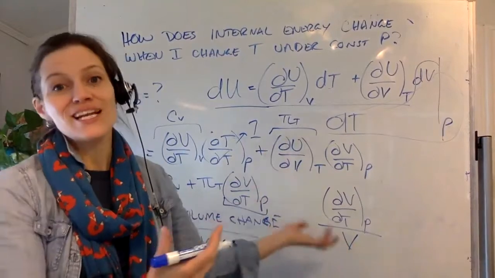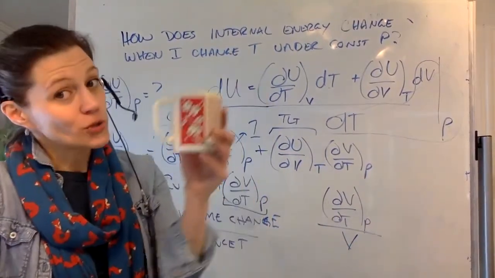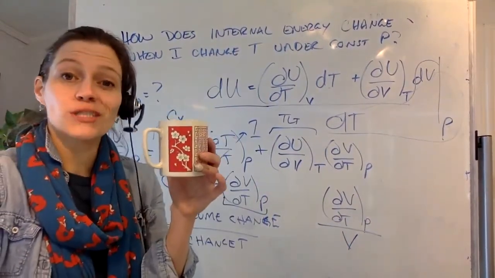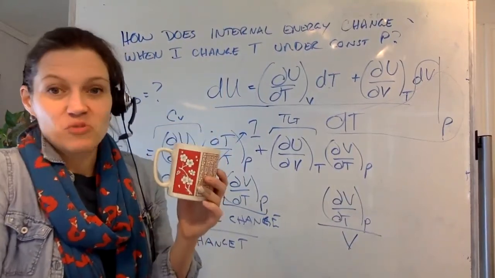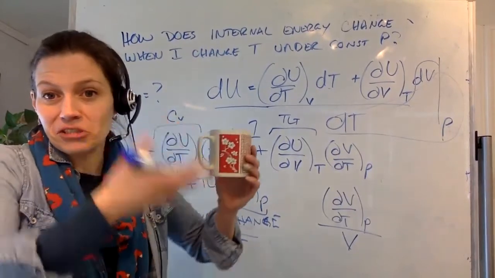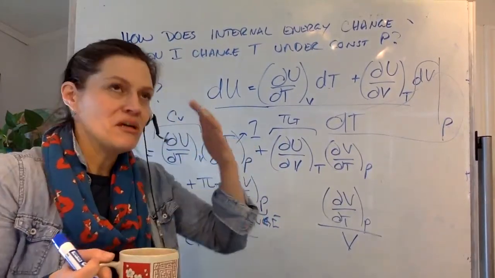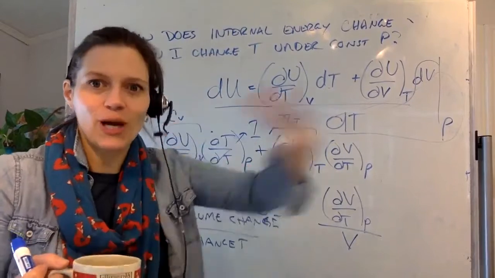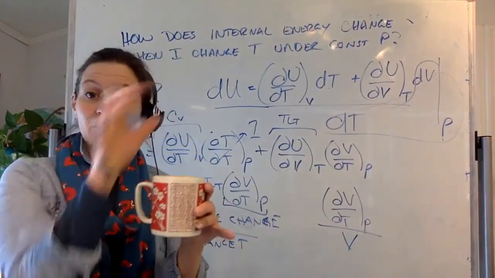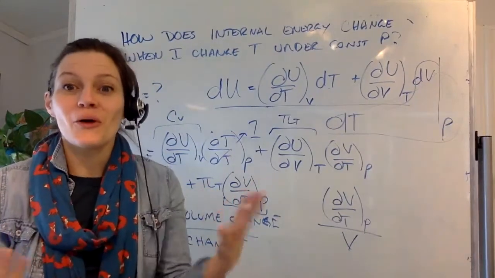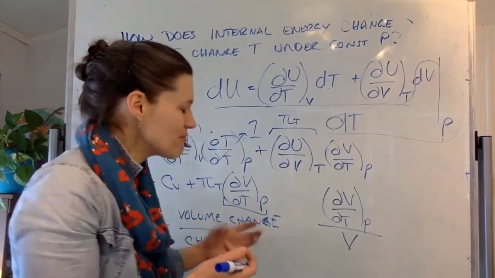This gives me a percent change. If I told you that this would change by 1% for every degree you heat it up, then for 20 degrees, well, I guess it wouldn't be 100%, or okay, if it expanded by 100%, that would mean my coffee would now be this much. That would be a lot. So you'd want to know in terms of a percentage. That was a horrible example.